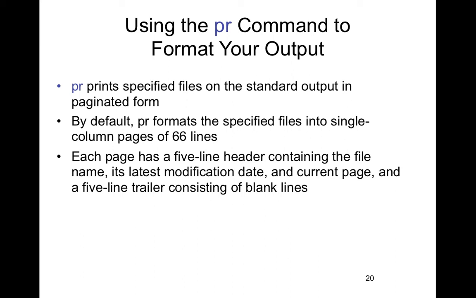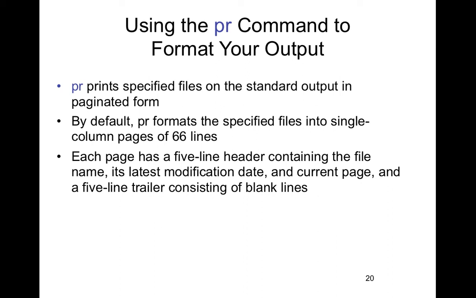It's the same output. By default, pr formats the specified files into single column pages of 66 lines to fit on paper. You can actually set how many lines you want and how wide the lines should be, like how many characters on a line. So instead of fitting the format for the screen, it fits the format for a line printer.